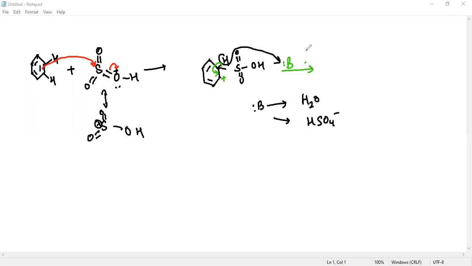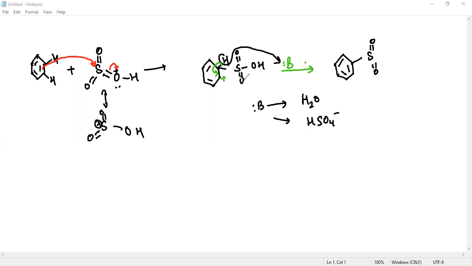So let's go ahead and write the result of these movements. So here's your benzene ring. This bond already existed, this bond already existed, and this bond just moved right here. So aromaticity is restored in this step, and you know this would be a highly favored step because aromaticity makes the molecule extraordinarily stable.